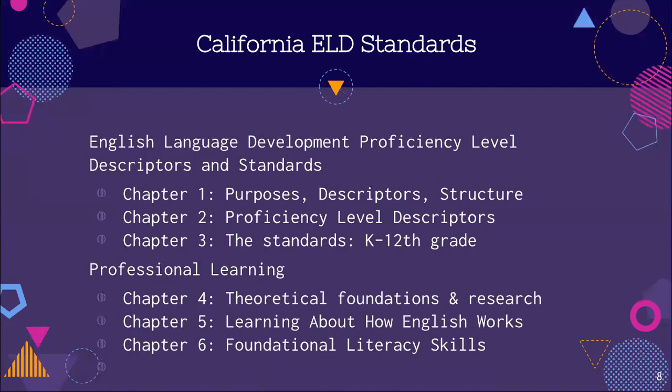And I'm a big advocate of understanding the theoretical foundations and research behind it. And of course, learning about how English works really helps us understand how the grammar and the language builds and why they have it divided up the way they do. So it'll help you really make connections to your content area standards, specifically in literacy. And Chapter 6 being foundational literacy skills.